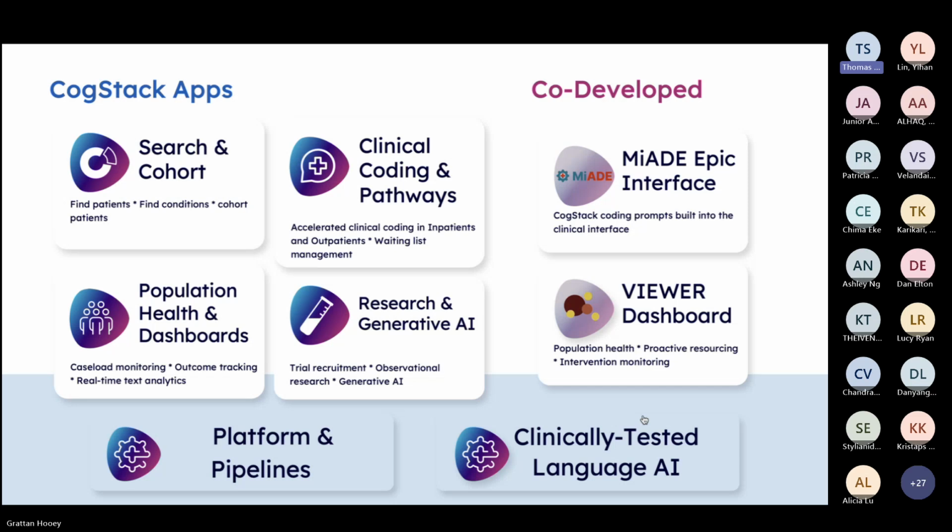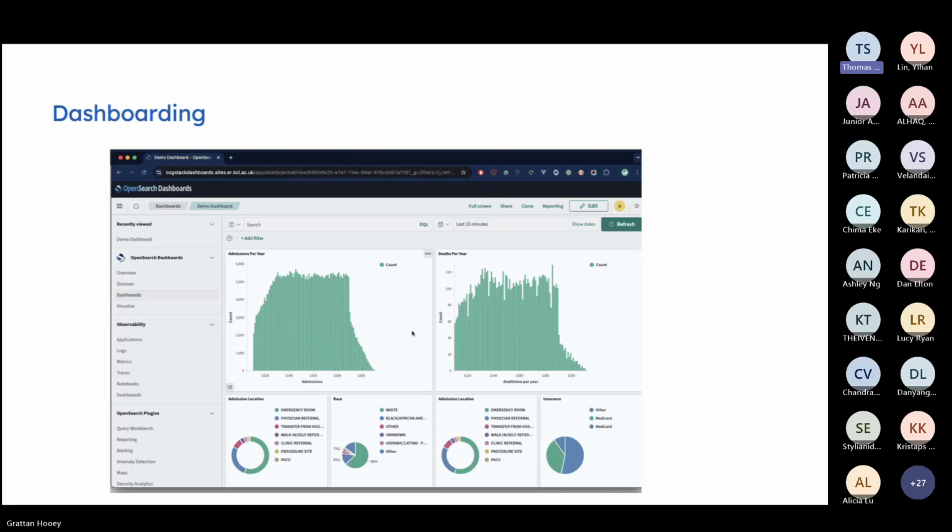This allows us to build systems and applications on top in partnership with our NHS Trust partners, and we can build out dashboards that show admissions over time, deaths per year, and medications that a single patient has taken over time, because we can drill down into this data set live because it has all this structure available from this unstructured data.